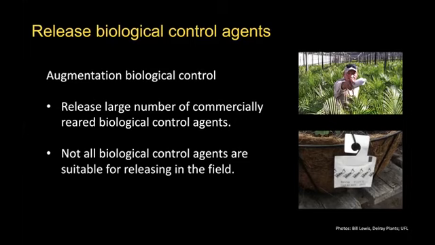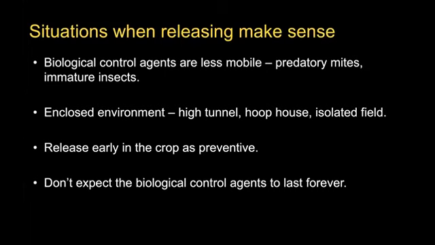But there are situations when releasing these biocontrol agents makes sense. The first situation would be when we are using biocontrol agents which are less mobile, such as predatory mites or immature insects like larvae of lacewings. We will be going through these biological control agents in the next slides as well.